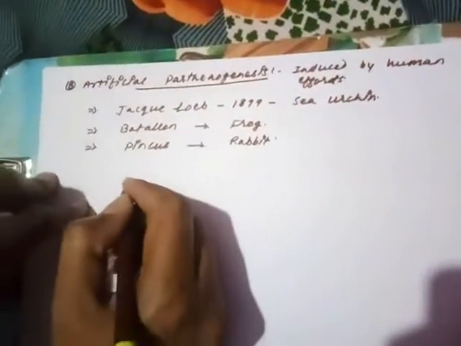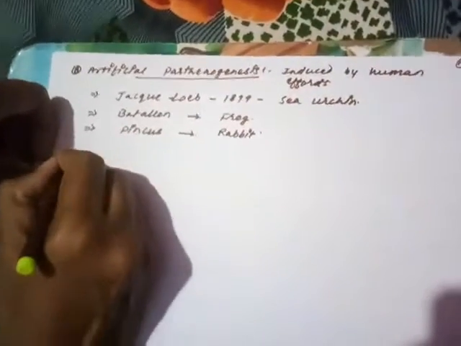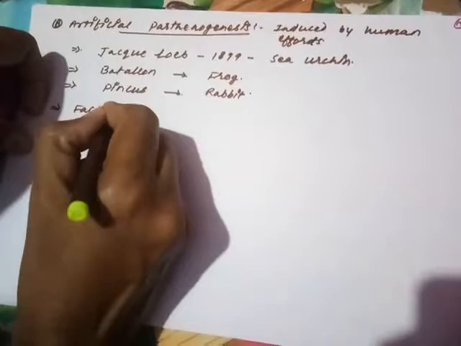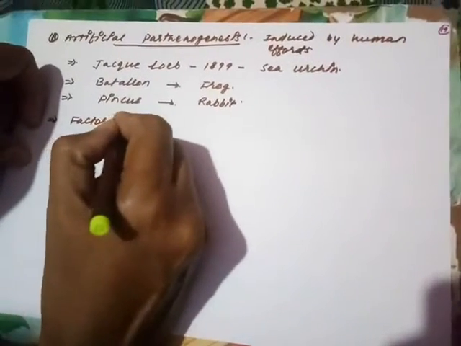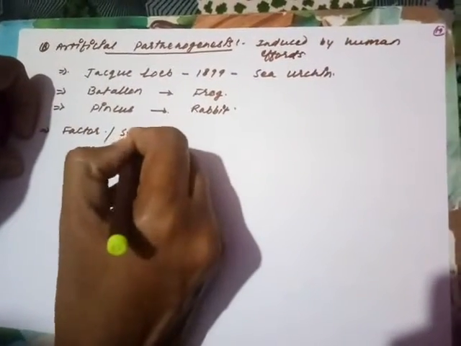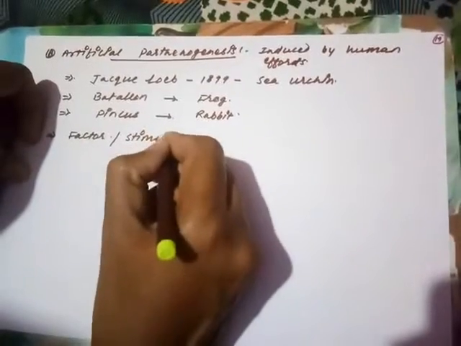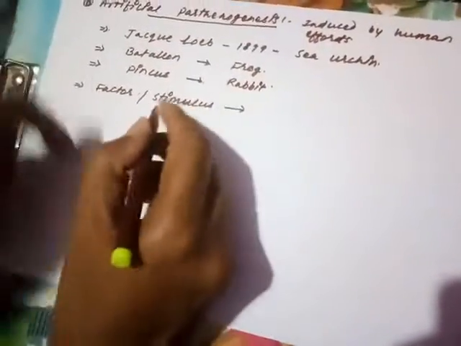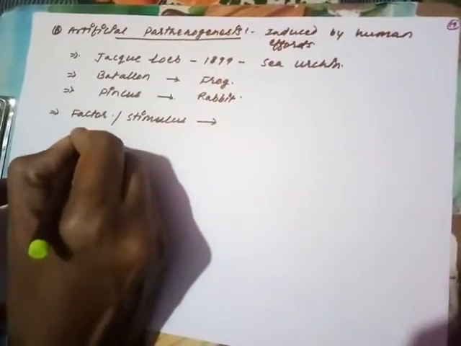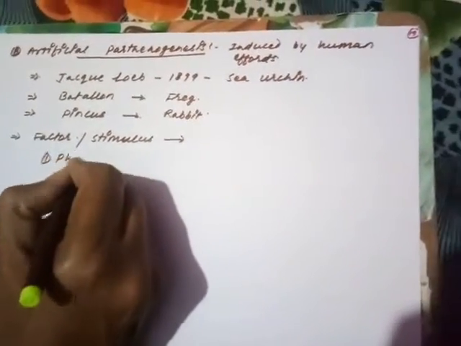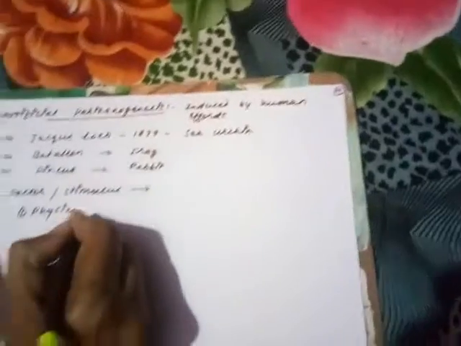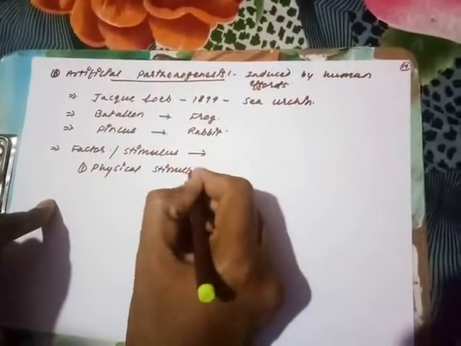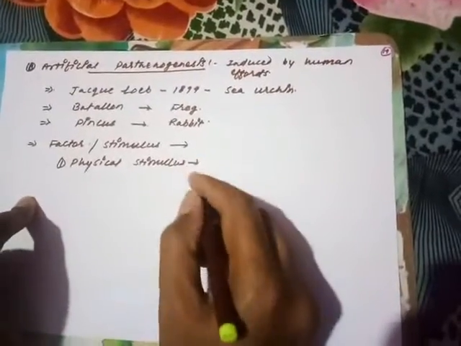For artificial parthenogenesis, some factors are required, or we can say some stimulus is required which can change the developmental patterns. The stimulus may be of two types. One is called physical stimulus. What are these physical stimuli? How can it be done?